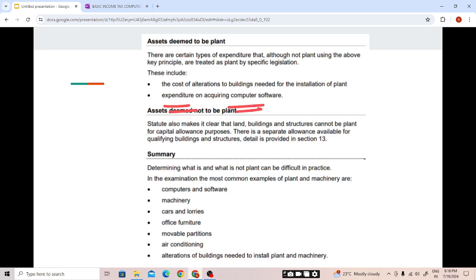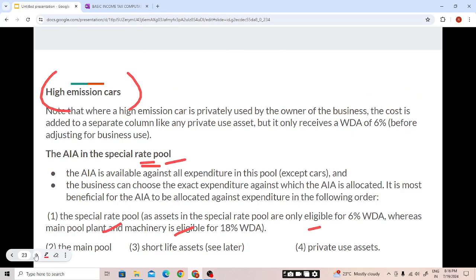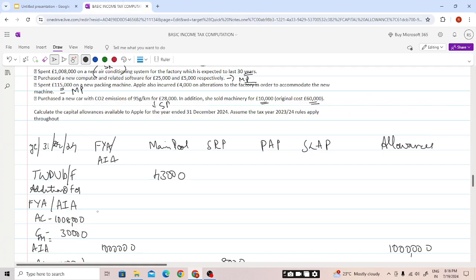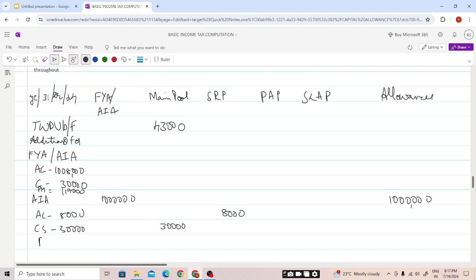Expenditure on acquiring computer software and cost of alteration to buildings, so packaging will also qualify. This will be 119,000. So the packaging machine will be under the main pool.